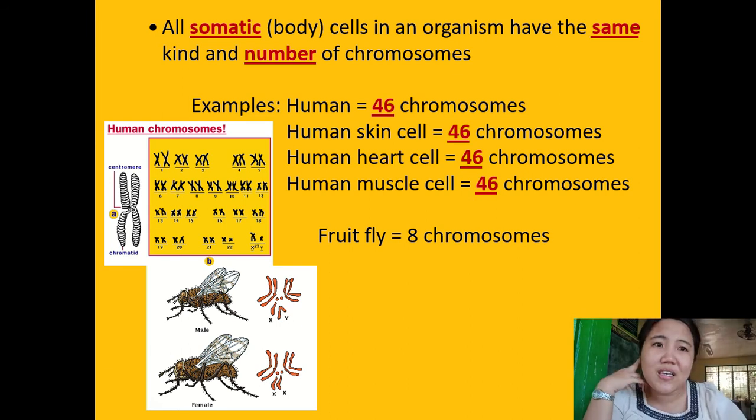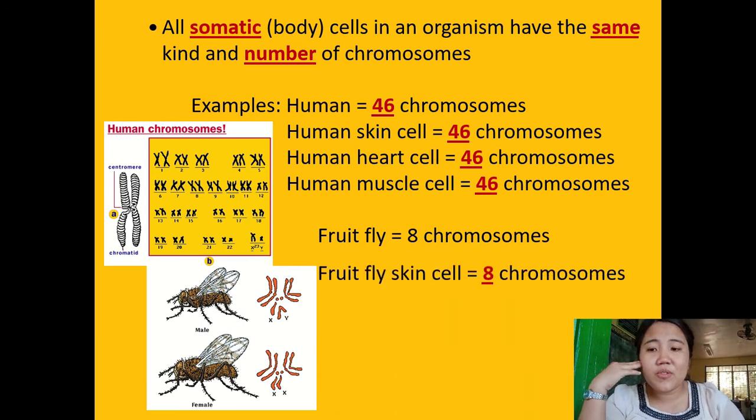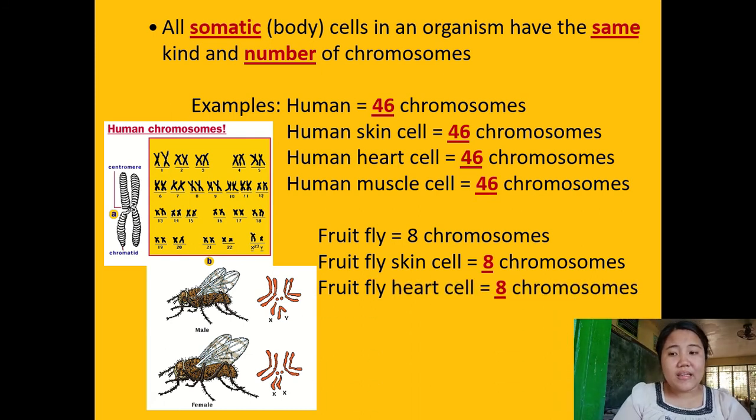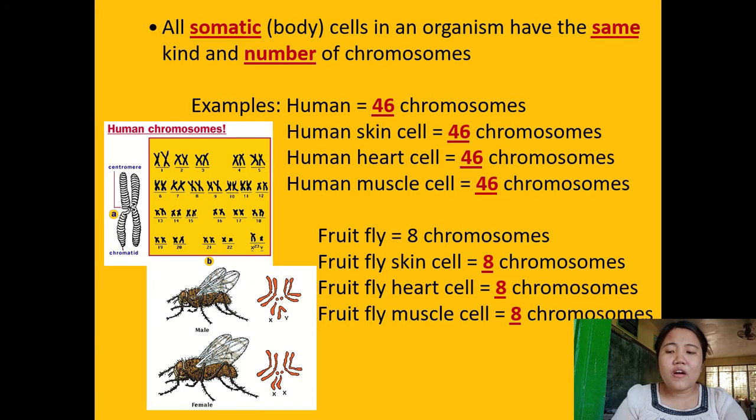Inside my ears, 46. Paired up, they are 23. Each of those numbers is equal to the number of chromosomes inside our body. Okay? The fruit fly has 8 chromosomes. The fruit fly skin has 8 chromosomes, their heart has 8 chromosomes, and their muscle cell has 8 chromosomes. Whatever number of chromosomes they have, they have an equal amount in each part of their body.